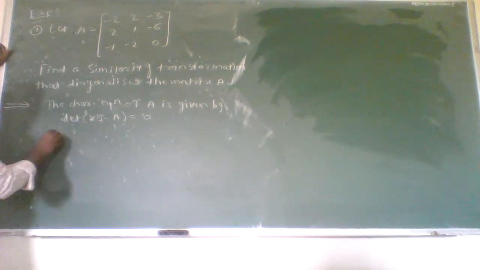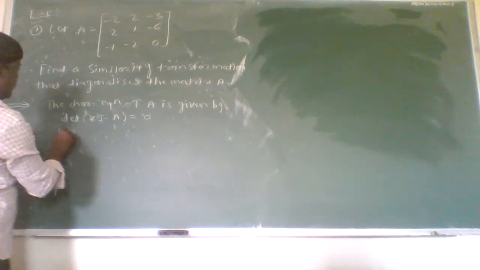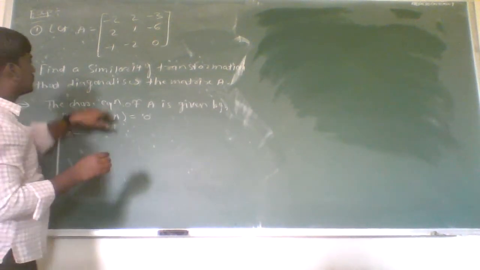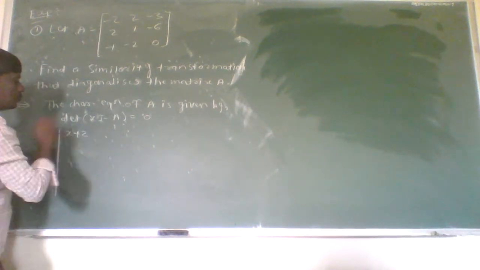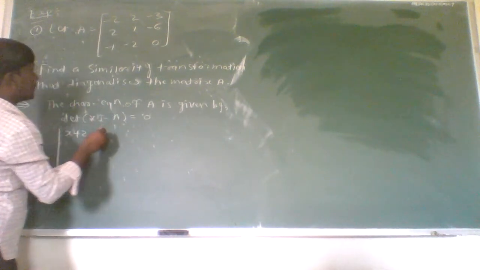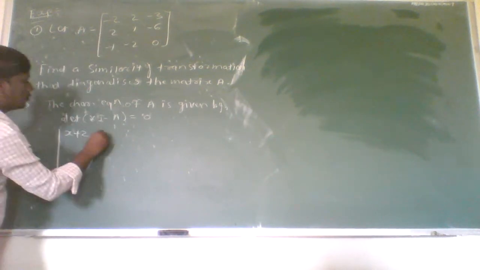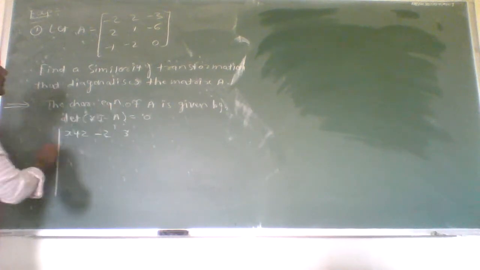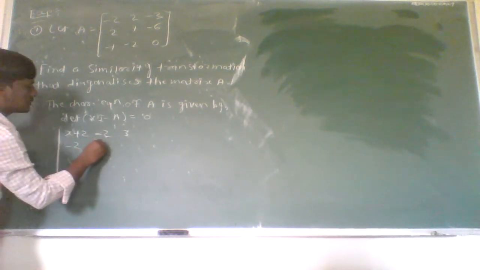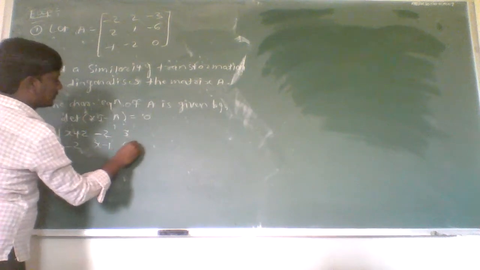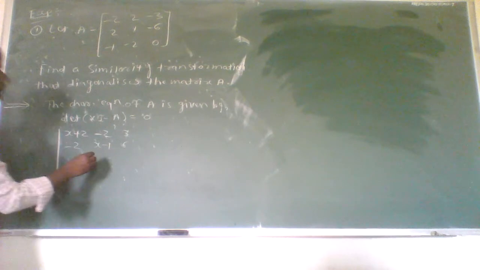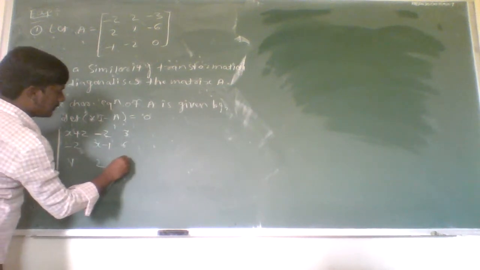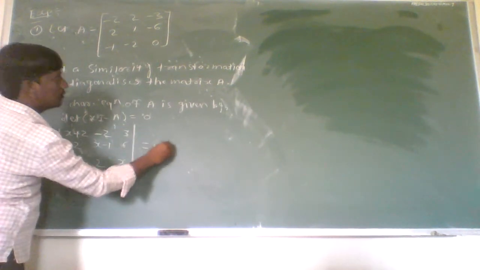Now, the determinant of xI minus A, whose diagonal is x plus 2, and the other entries minus 2, minus 2, x minus 1, 6, plus 1, plus 2, x, which is equal to 0.